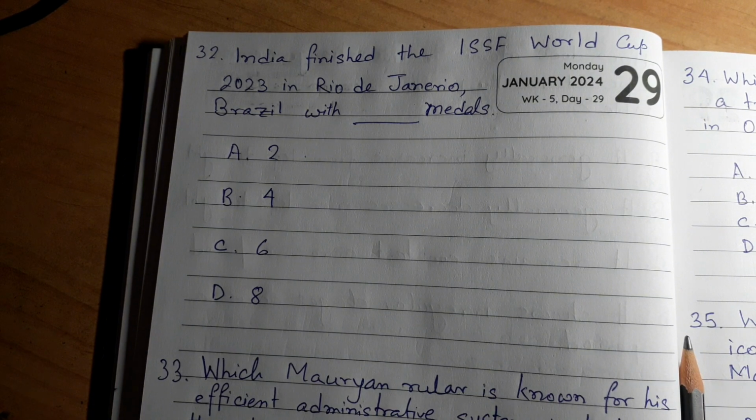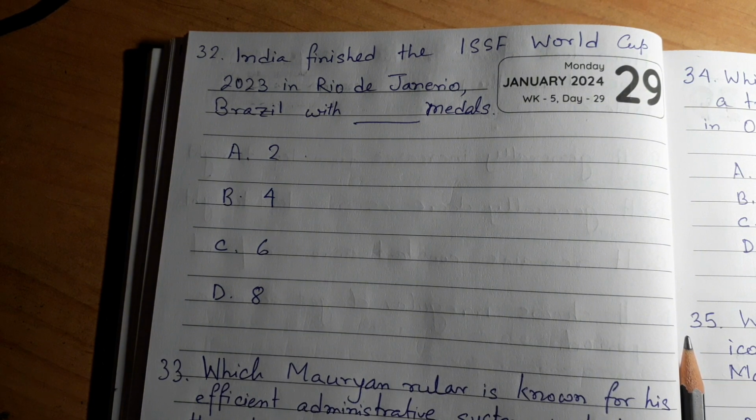India's Nischal won the silver medal in women's 50-meter rifle 3 positions at the ISSF World Cup 2023 in Rio de Janeiro, Brazil. The podium finish by the 19-year-old Indian shooter on the final day of the ISSF World Cup took India's tally to 2 medals.